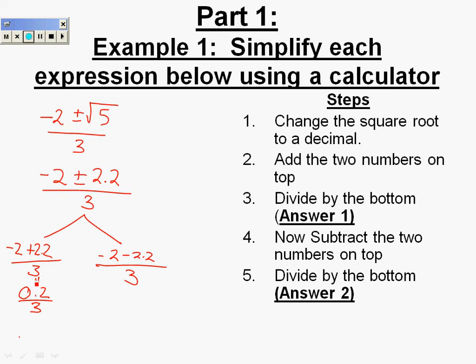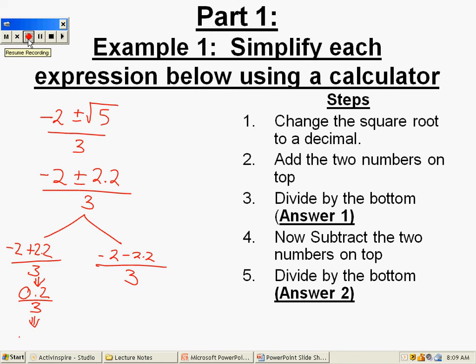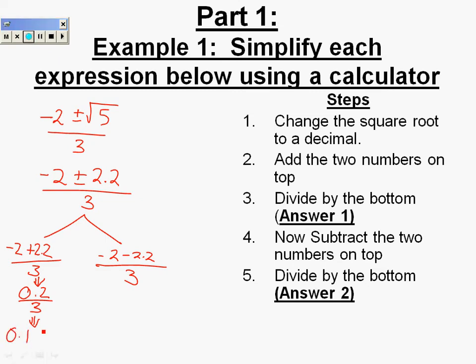And then if we do our division, there you go. So 0.2 divided by 3 is 0.1. It was 0.06, but that number bumps the 0 up one more spot.